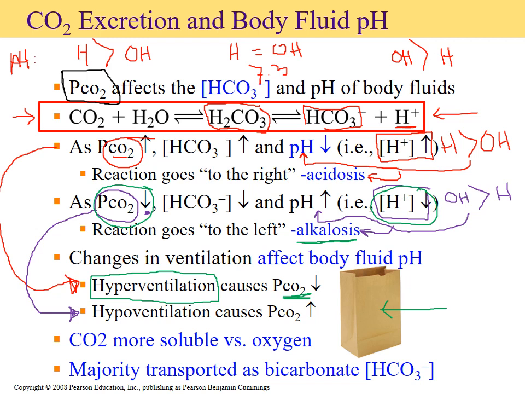So hopefully when we were talking about inhalation or exhalation, some of you were thinking, well, when I inhale all that atmospheric air, how does my body know that I only want the oxygen to go into the body? It all depends on the partial pressure of the individual gas.